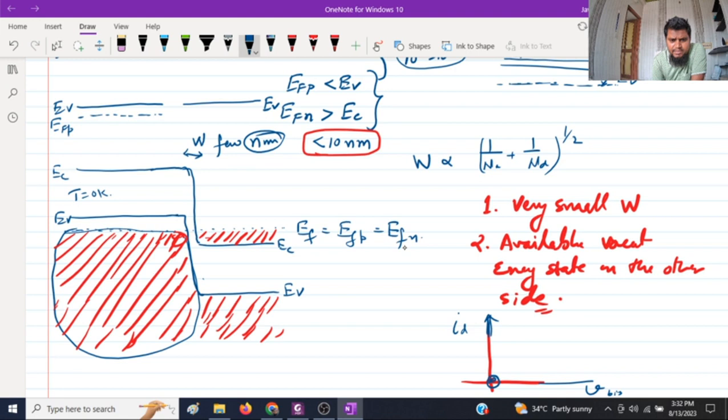Now what will happen if we give a small forward bias? As I have told, if you are giving forward bias, the whole structure will shift up in terms of the energy band diagram. So the new energy band diagram will look like this. Let me draw it once again.